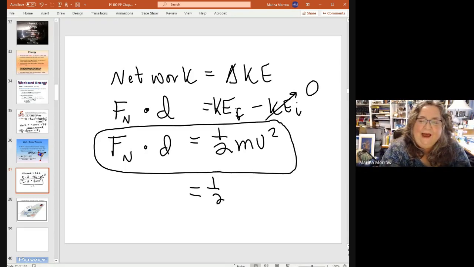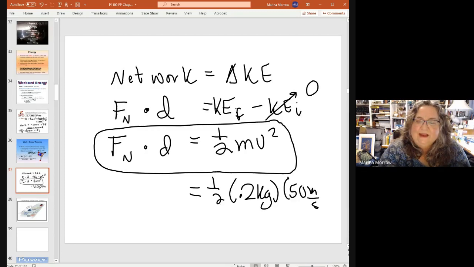Okay, so 1/2 times 0.2 kilograms. The velocity is very fast, 50 meters per second squared, so that's like 100 miles per hour. And so that's going to give us 50 squared. Well, 0.2 over 2 is just 0.1.